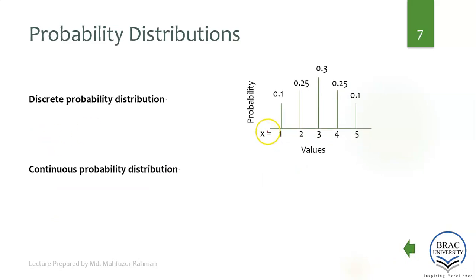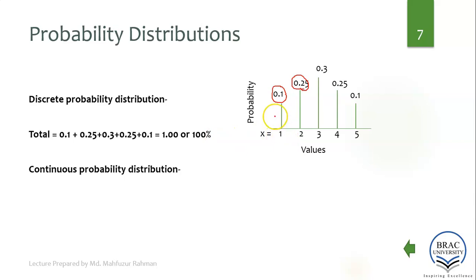A random variable x that has values 1, 2, 3, 4 up to 5 has some defined probability. Like for x equal to 1 we have probability 0.1, for x equal to 2 we have 0.25, for x equal to 3 we have 0.3, and the summation of the probabilities of these possible x values must be 1, or we can say 100%.